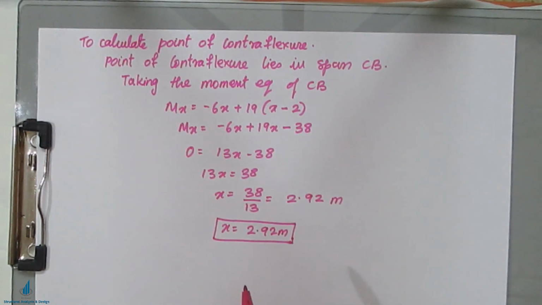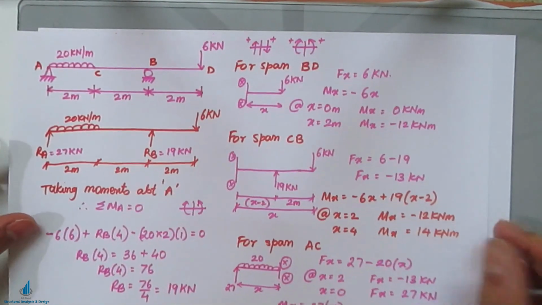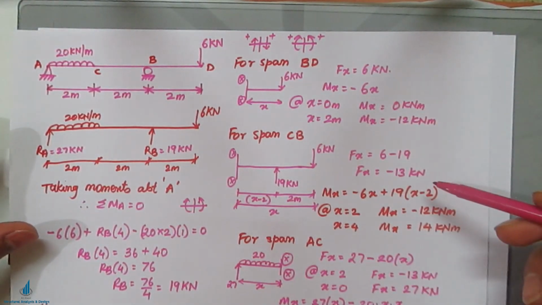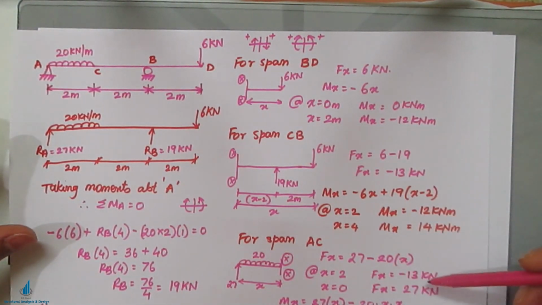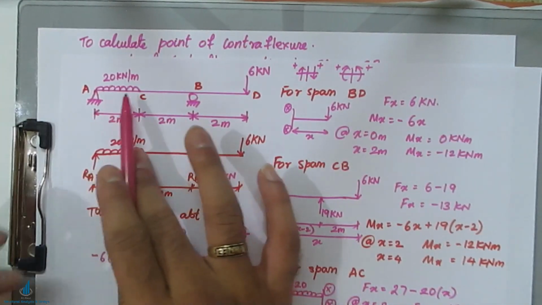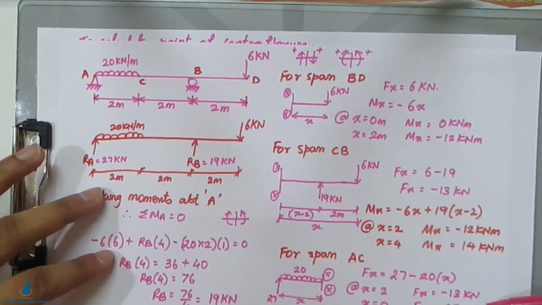And one more, the maximum bending moment ordinate also we have to calculate. Why? Because the shear force also is changing the sign. If you have seen in the calculation, the first was positive, then it became negative, and from negative again it became positive. Because it is carrying UDL, it became negative to positive.